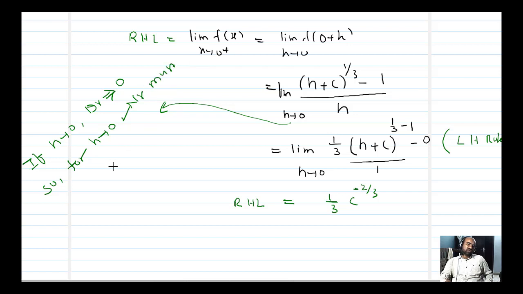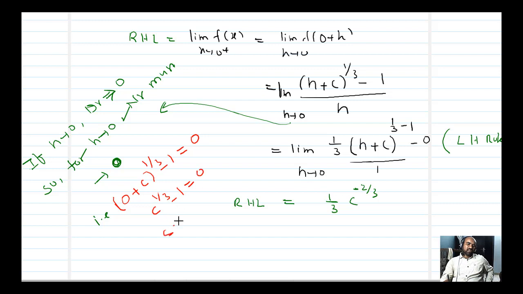What is the meaning of that? Put h equals 0 in that: 0 plus c power 1 by 3 minus 1 must and should tend to 0 or equal 0. C power 1 by 3 minus 1 equal to 0, or directly I can say c equal to 1.